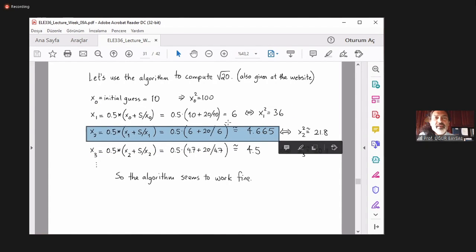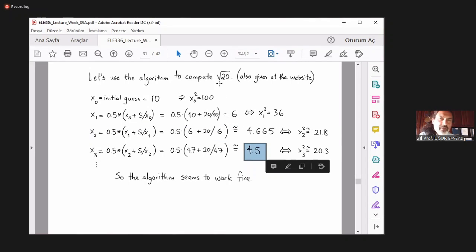So after each iteration, okay, there's so-called convergence to the square root. You see, starting from 10, 6, 4.66, 4.5, etc., it's slowly approaching. If we continue further, as many steps as we go, we come closer to the real square root of the 20, okay?